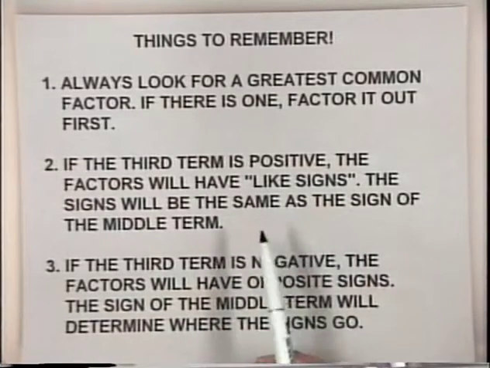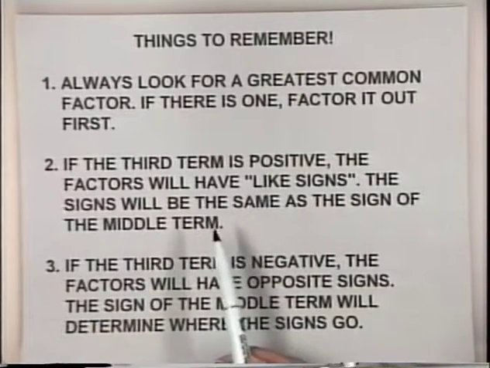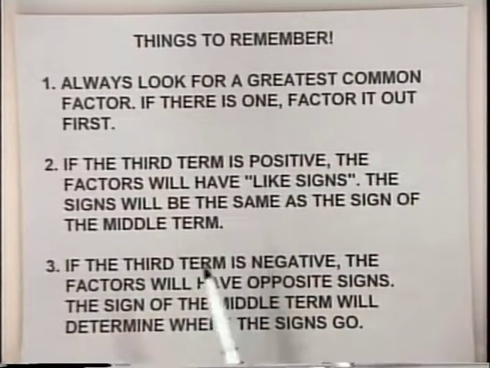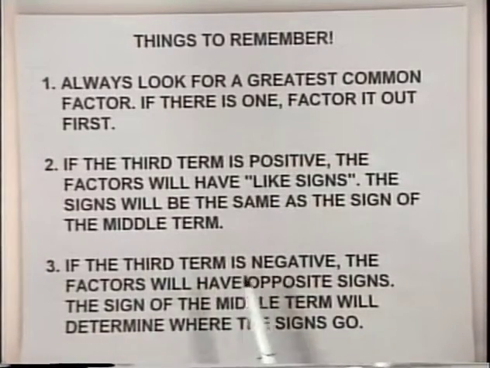The signs will be the same as the sign of the middle term. And then third, if the third term is negative, the factors will have opposite signs. The sign of the middle term will determine where those signs go.